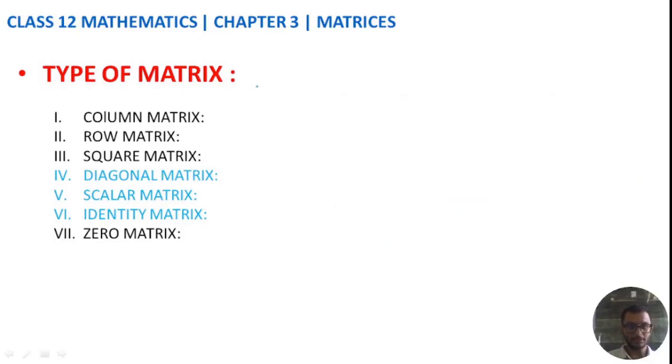Identity matrix. Identity matrix is a scalar matrix. A scalar matrix is a diagonal matrix, and an identity matrix is a scalar matrix. So an identity matrix is also a diagonal matrix.